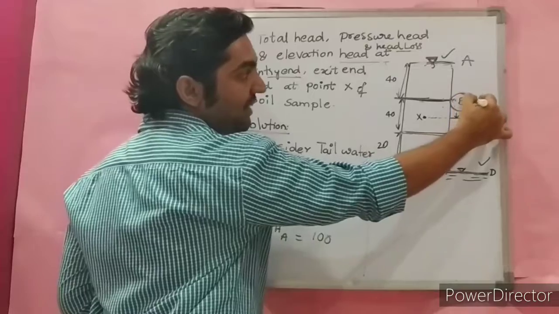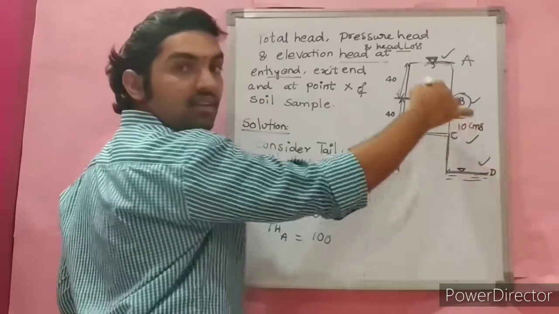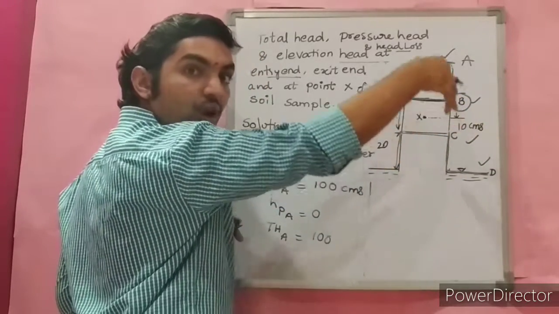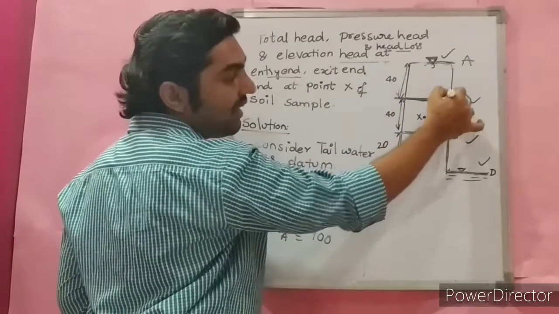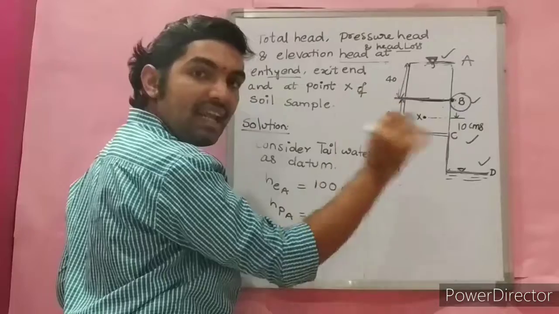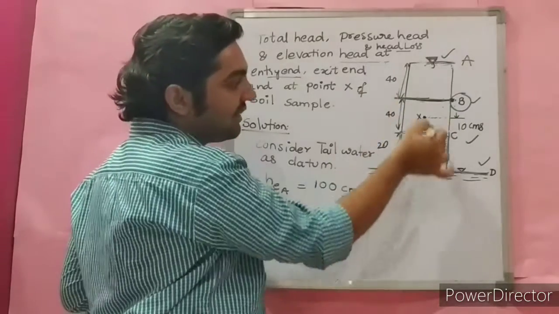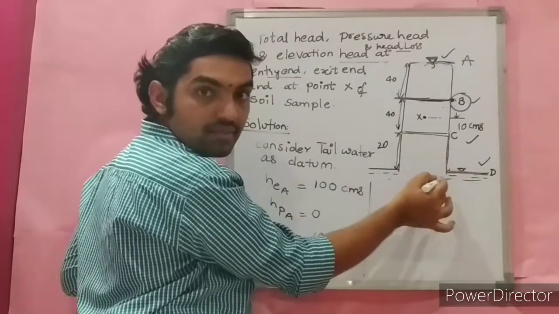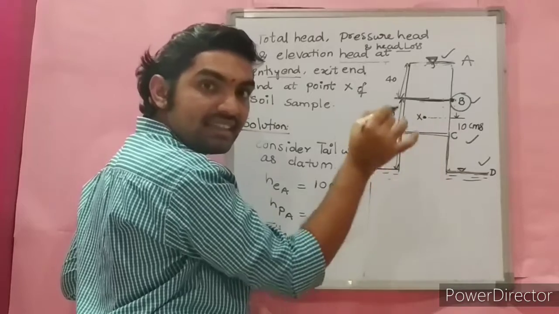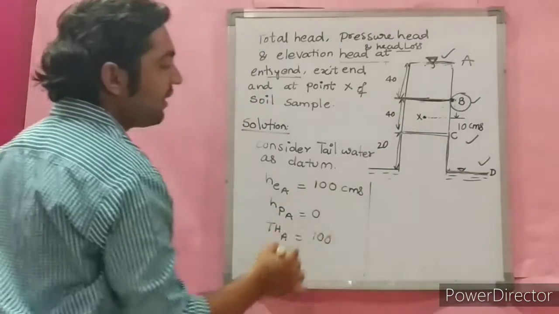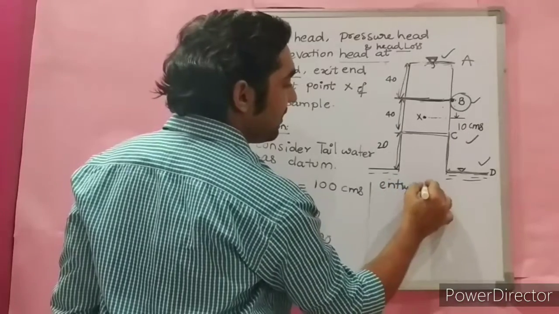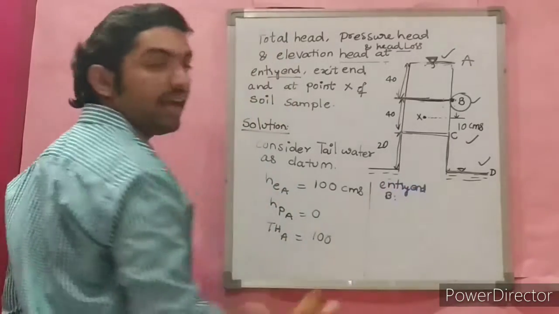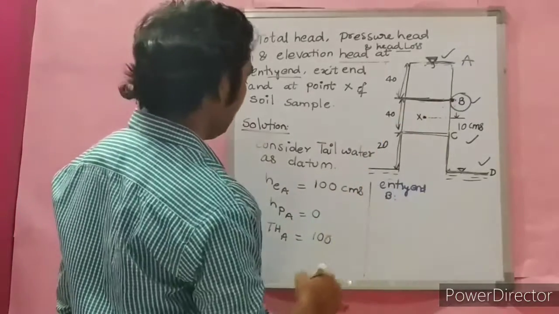Here soil sample is from B to C only. This is soil sample. Water is entering the soil at point B, hence point B is called entry end. And leaving the soil at point C, hence C is called exit end. Entry end is point B.